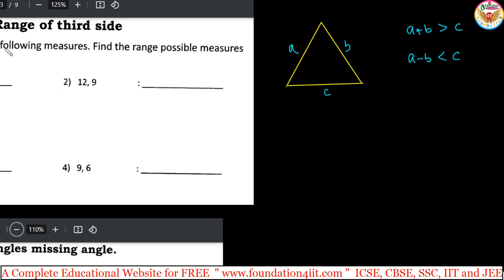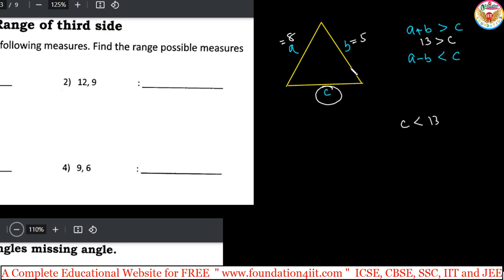Okay, in the place of A, if it is 8 and B, take some number, 5, then what is the range of C? The sum of the two sides, first 8 plus 5, is 13, right? 13 is greater than C, that means C is less than 13.